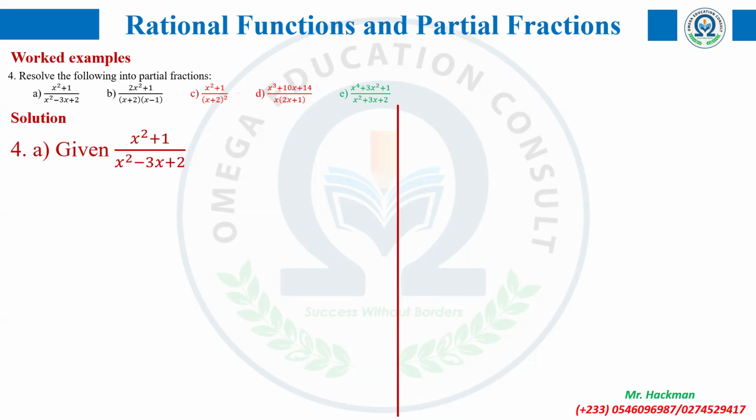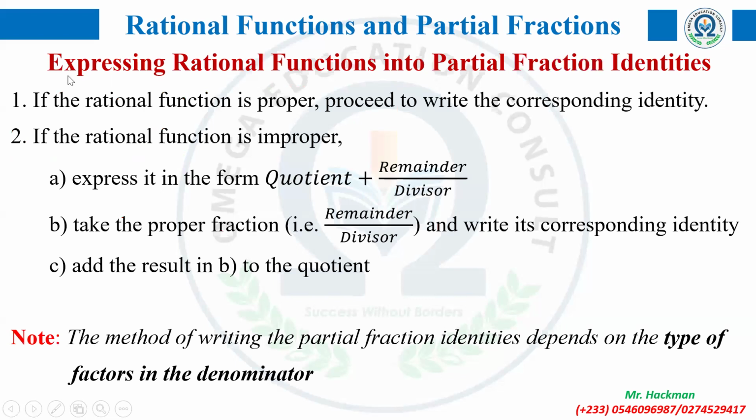So you remember I gave you a hint, so let me go back and see. I told you this when we were looking at expressing rational functions into partial fractions. If your rational function is proper, we said proceed to write the corresponding identity.